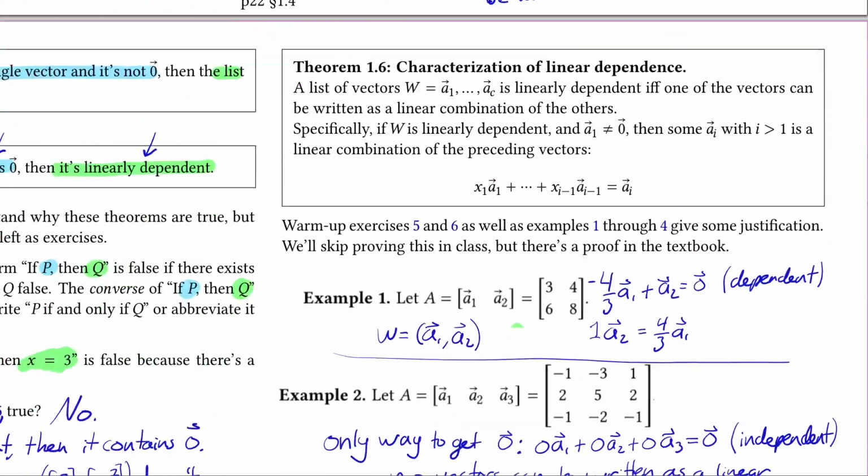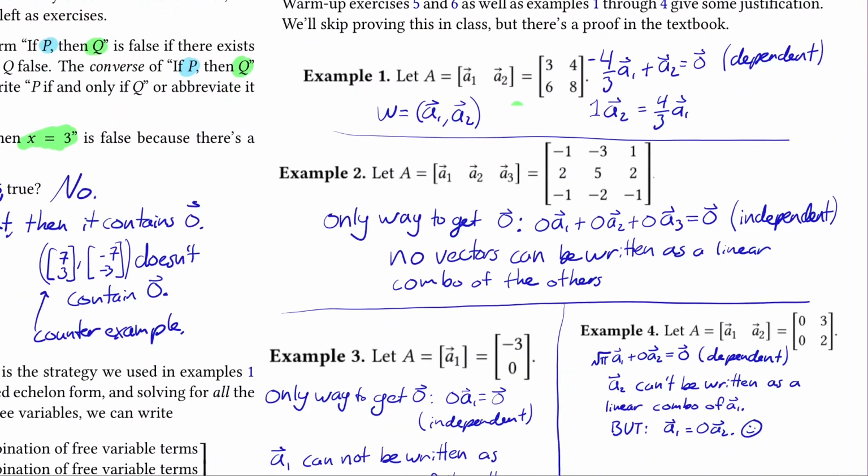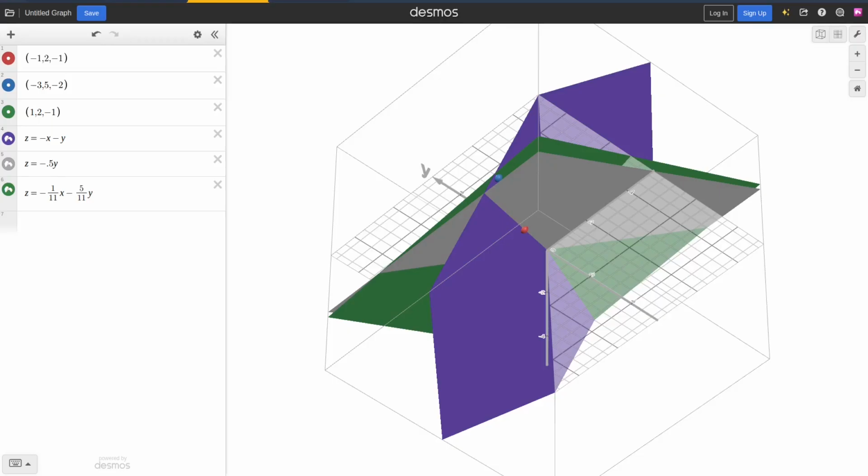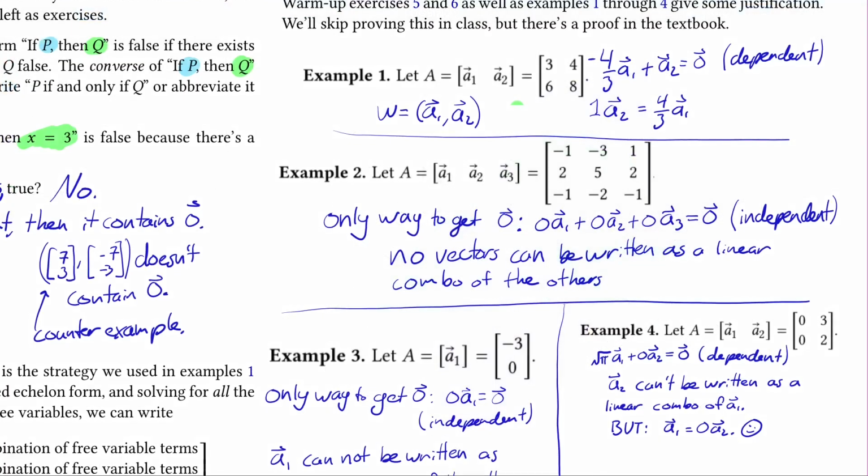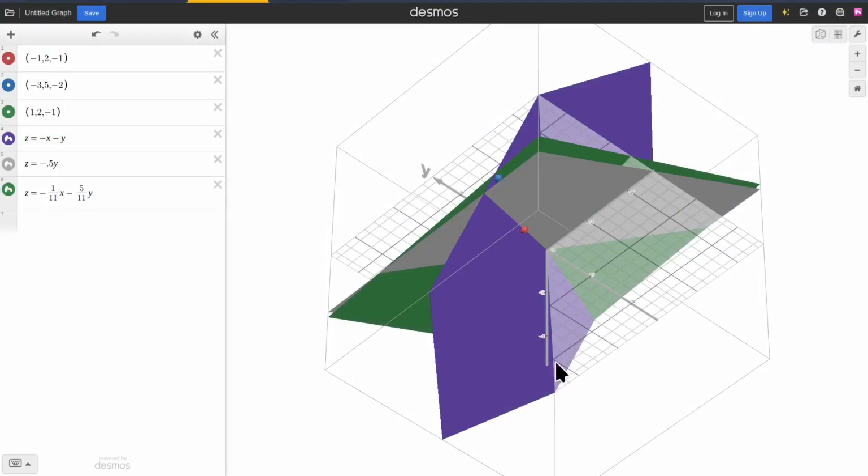And with a2, it's harder to visualize why that is. I would totally fail to draw a picture of it, so I used Desmos here to help. What I did here is I just took the vector -1, 2, -1, and in Desmos that is here as this red point.